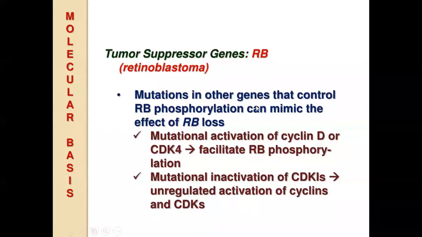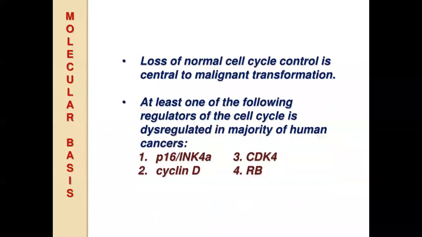Mutation in other genes that control RB phosphorylation can mimic the effect of RB loss. There is mutational activation of cyclin D or CDK4, which facilitates RB phosphorylation, and mutational inactivation of CDKIs, which leads to unregulated activation of the cyclins and CDKs.